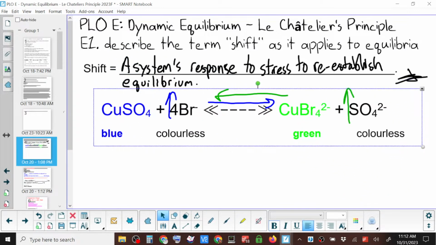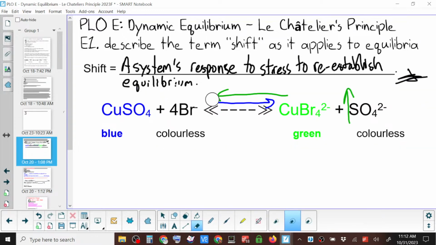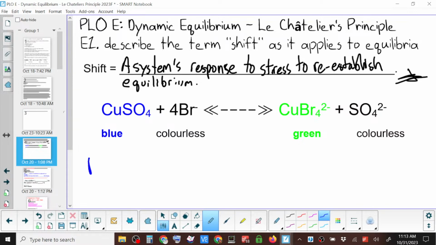Also, in terms of visualizations, there are other ways that we could move this equilibrium without having to add any of these. Instead of adding some, I could take some away. Say I threw in some lead nitrate, let's make it Pb 3+, I think would be the best one.